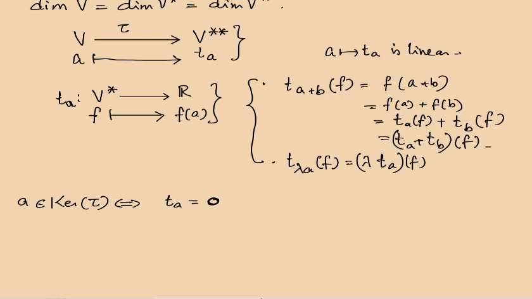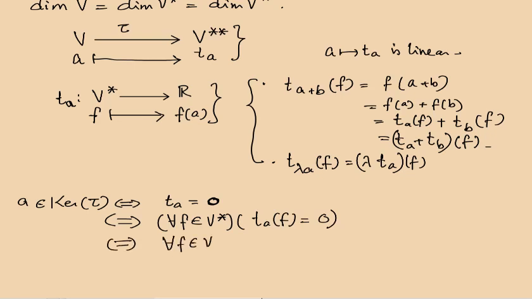That means for all f in V star, Ta of f is 0, which is the same thing as saying for all f in V star, f of a is 0. For every linear functional, f's value is 0. a must be 0 therefore.